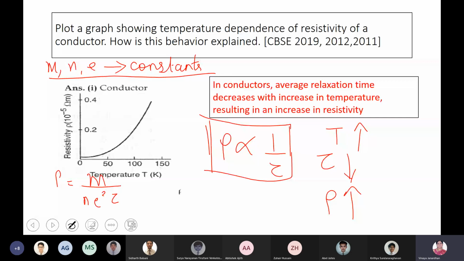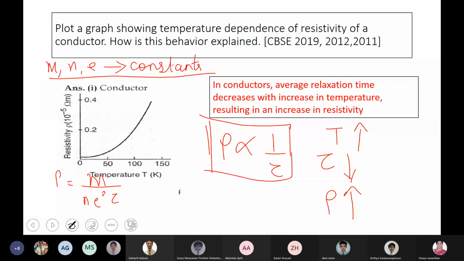Draw the graph. First write the formula. Rho is resistivity. Rho is equal to m by ne squared tau. Then you write m, n, and e are constants. So if they are constants, then rho is inversely proportional to tau. Tau is the time taken between two successive collisions of the electrons with the atoms.